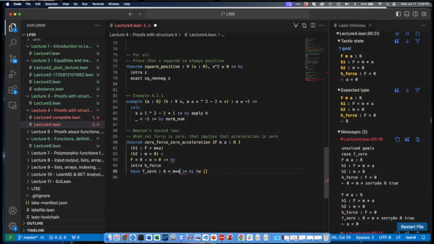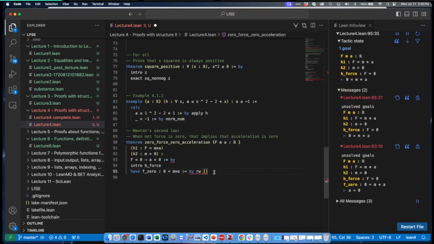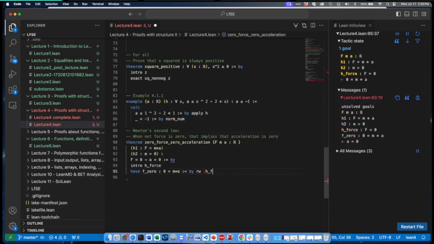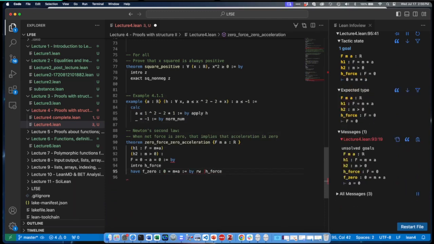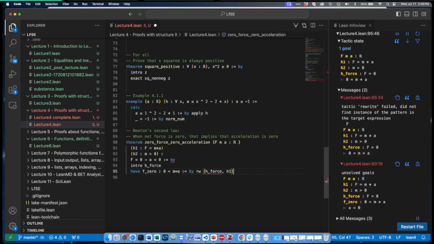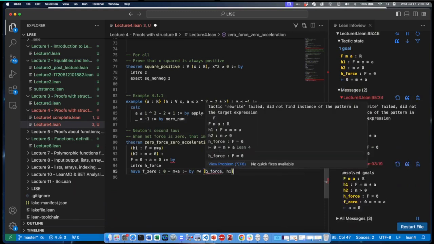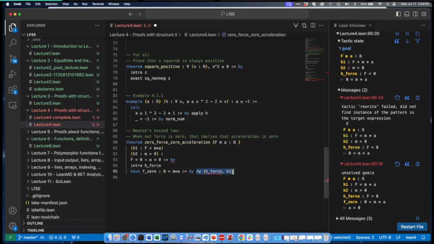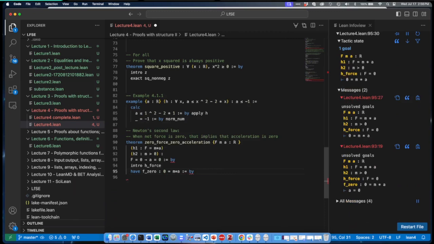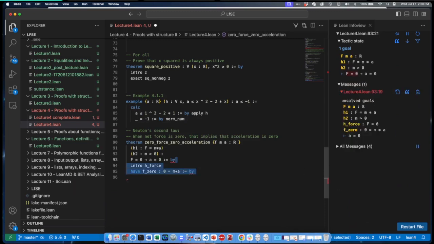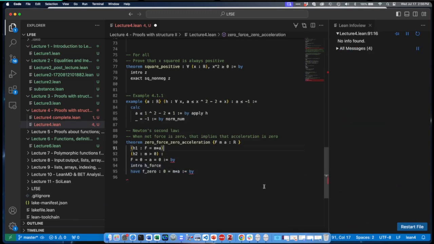I'm partly going off the answer key, which I know works, but this is a clean way to do it. I could just do H force, comma, H1. Did I spell H force right? I could just use ring. Does ring do everything, or are you just talking about the last step?